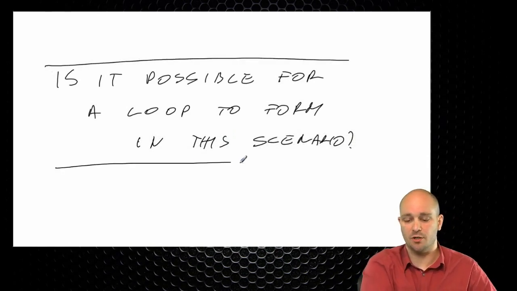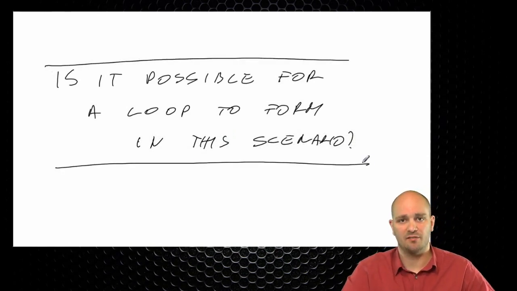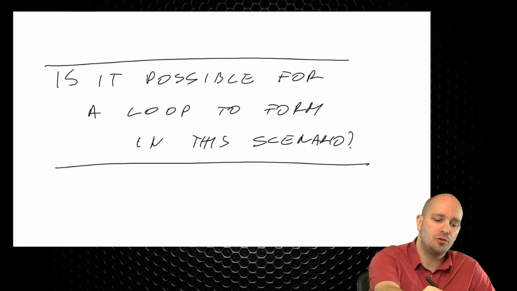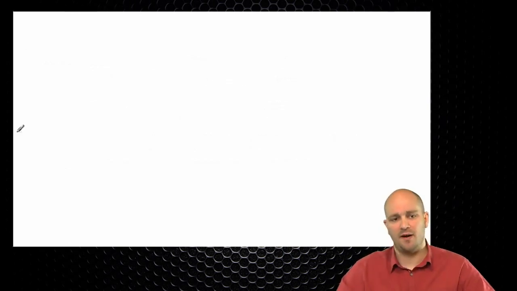So this is the question that you need to ask yourself. Please pay attention that the question is not will the loop form, but the question is it possible for a loop to form?